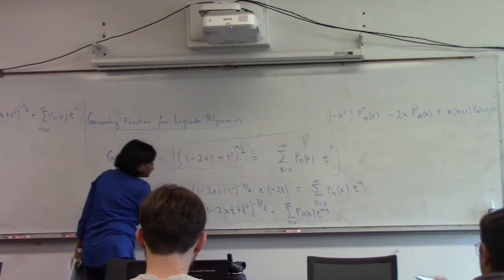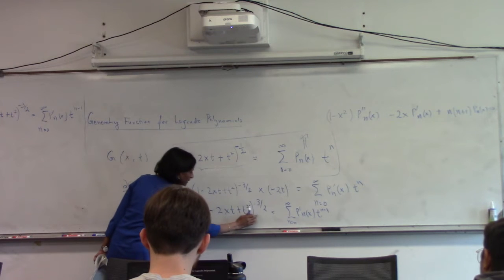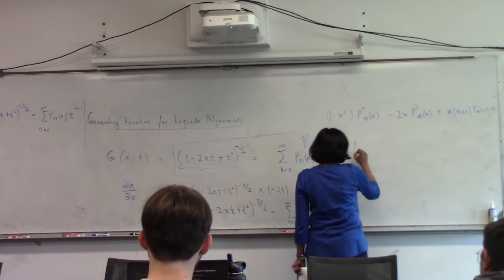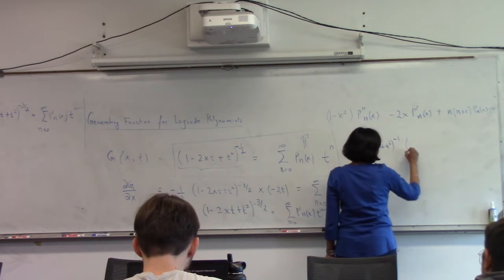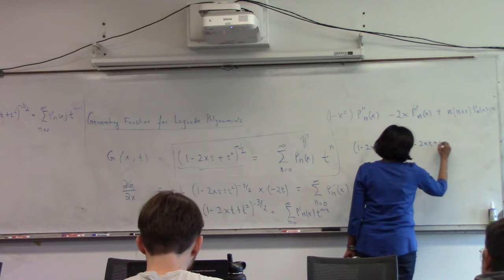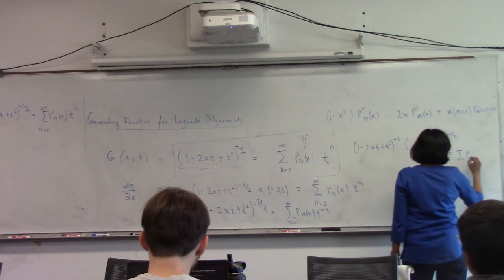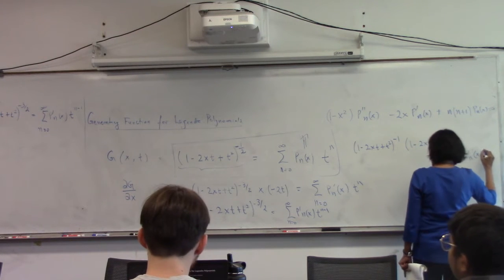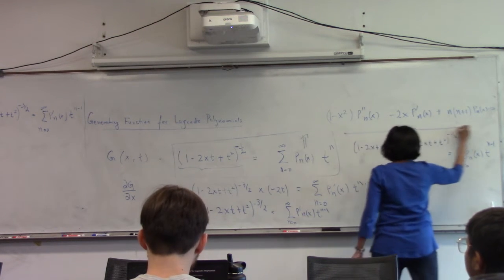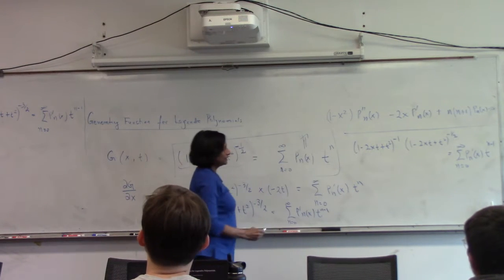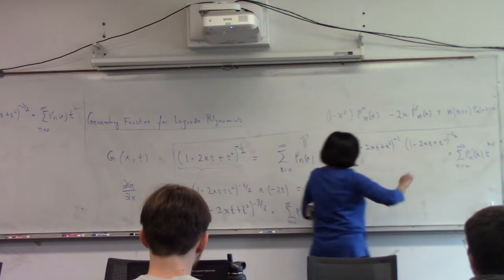All right. So if I write this as (1 minus 2xt plus t squared) to the negative half, I just split this, nothing but splitting that. Now what is this quantity?